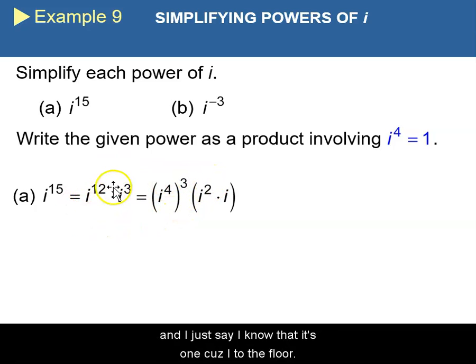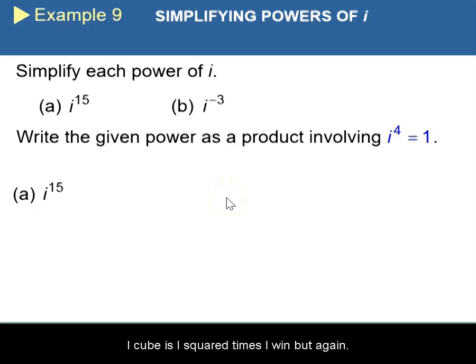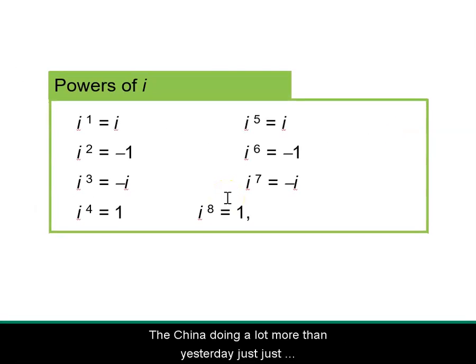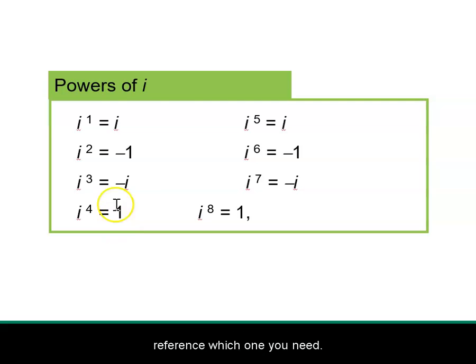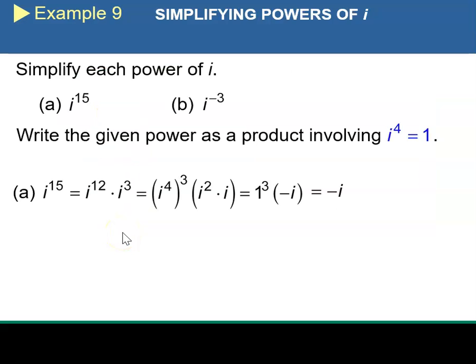I just say I know that it's 1 because i to the 4th happens 3 times. So that's really just 1 times 1 times 1. And then i cubed is i squared times i. But again, they're kind of doing a lot more than necessary. Just reference which one you need here, right? Okay. So you're going to get negative i, which is i cubed, which is what I said.